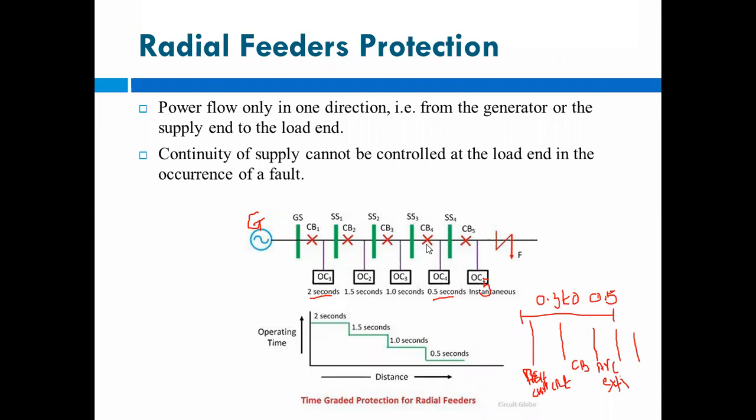If a fault occurs near the generating station, then after that section the whole system will not get the supply, but before that it will get the supply only. So this is the disadvantage of this radial feeder protection.